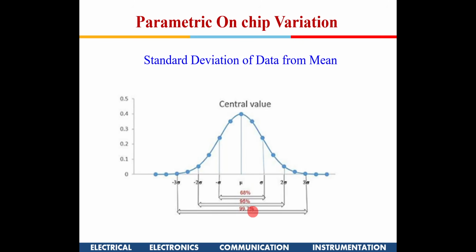In your STA analysis, the central value will be given by the Fab Lab, and sigma is a variable available to the designer when you do the STA analysis. Depending on what kind of accuracy you require, you will set the value of sigma.